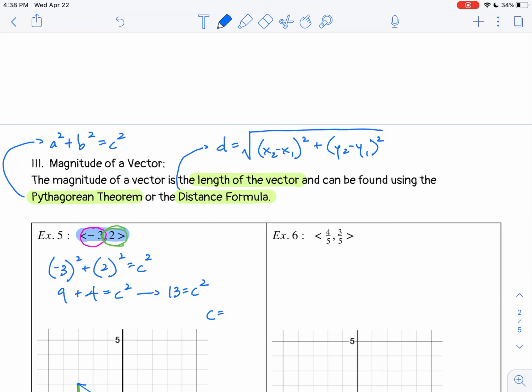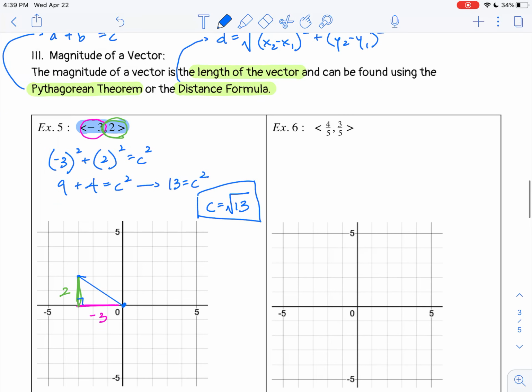So c equals the square root of 13. That is the magnitude of my vector. To say the magnitude of the vector, the symbols we use are a double bar, the vector, and a double bar, and that equals the square root of 13.